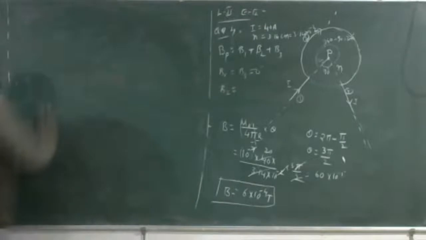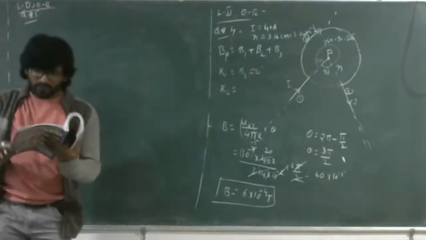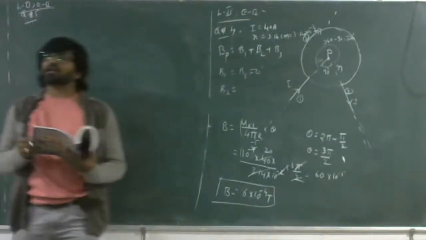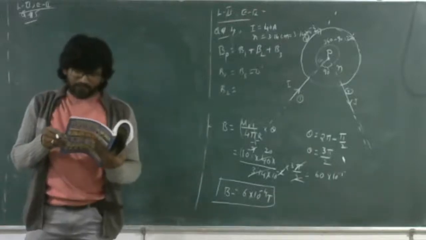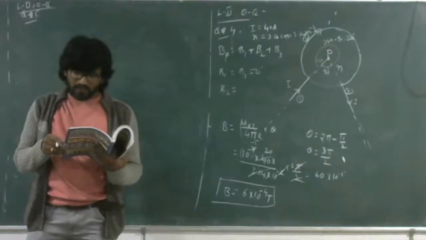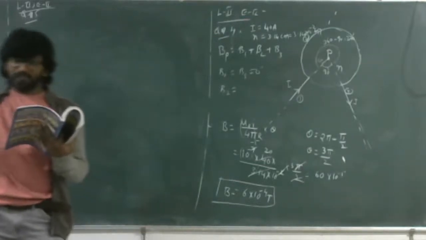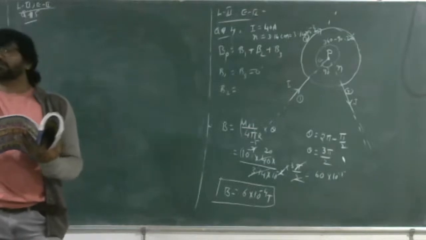Level 2, exercise 2, question number 5. So what is given here and what are you asked to find? See, the magnetic field at the center O of the semicircle in the figure, in this formation, so you have to understand it properly.